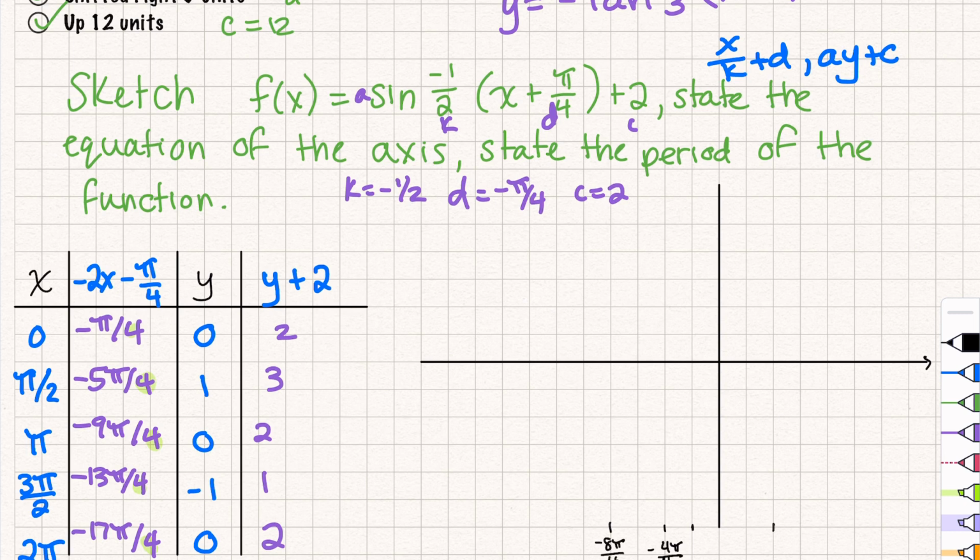On this side, we have positive 4 pi over 4. I'm just going to keep going. And then our highest value is 3. So we can just go up by 1s.